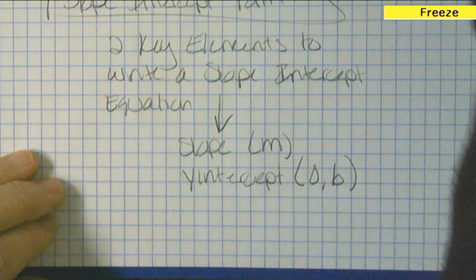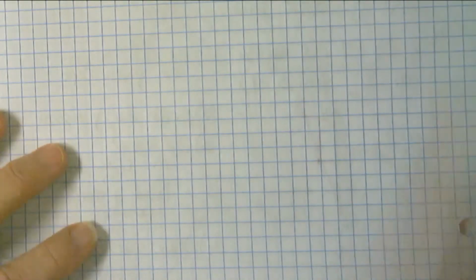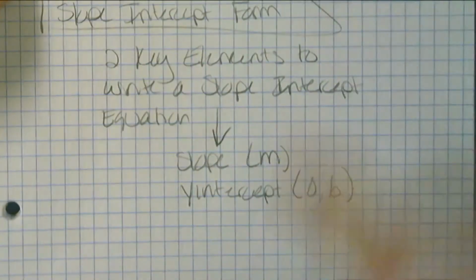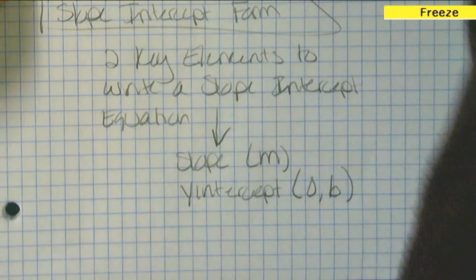And you have to identify in a story problem what the y-intercept is. Who needs to see what's up there?